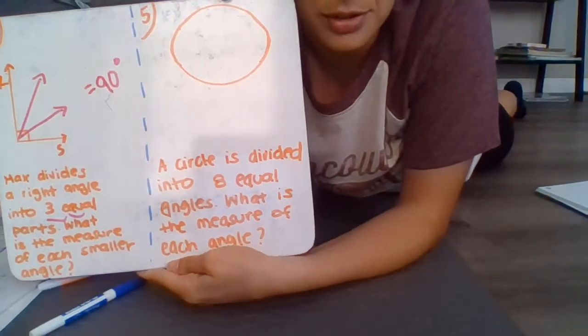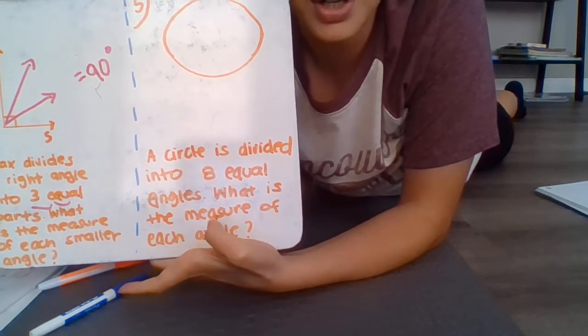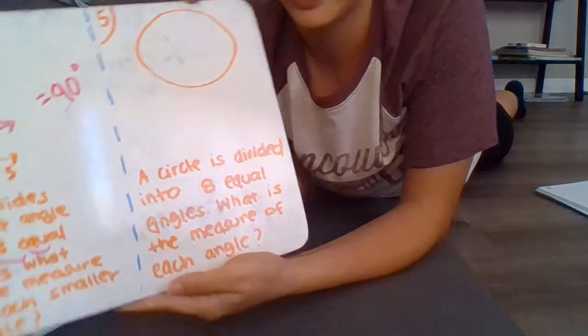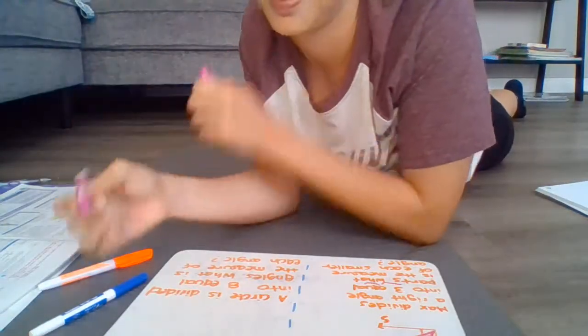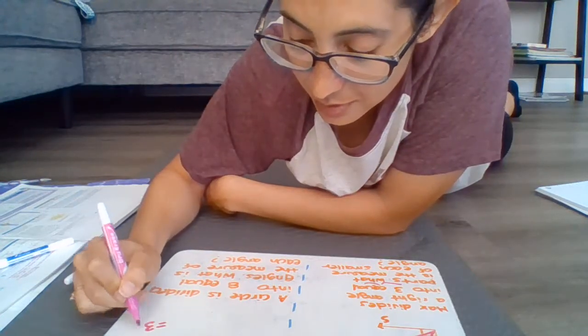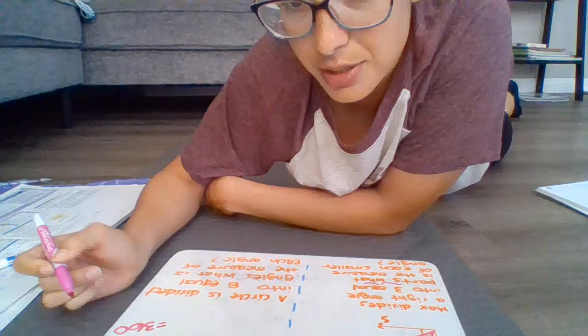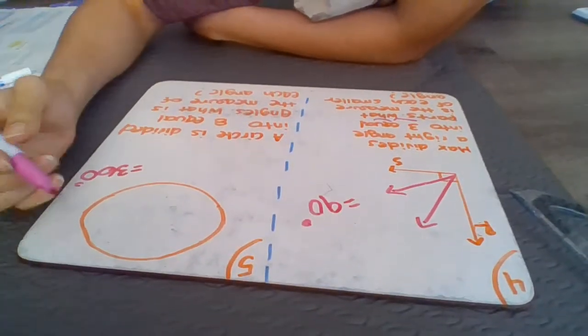Last one. A circle is divided into 8 equal parts. What is the measure of each angle? Okay, what do we know about circles and their measurements? They equal 360 degrees.